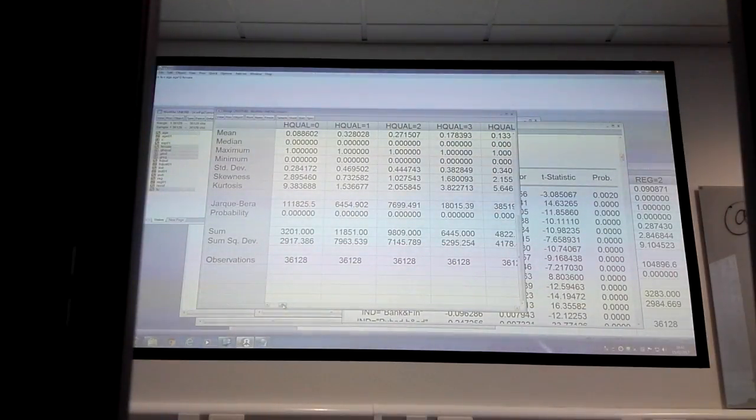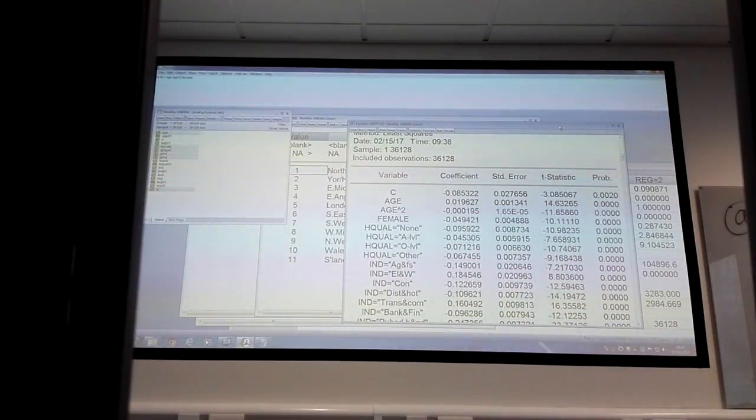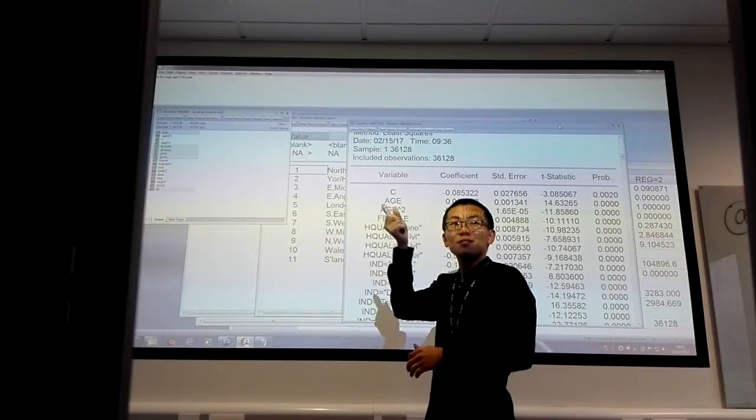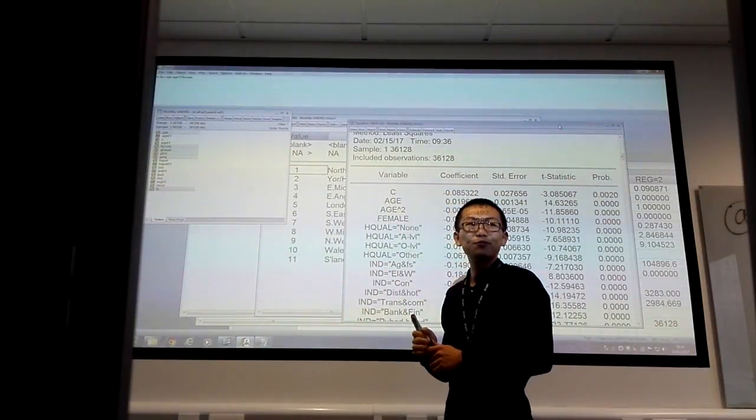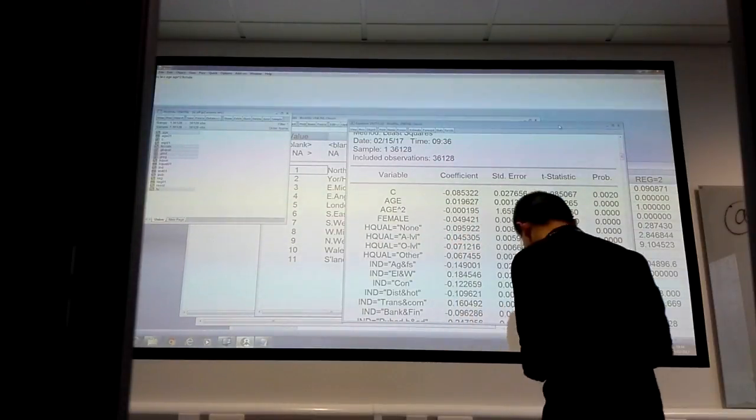The average age is about 40. So our representative individual in this sample is at the age of 40. Compared with himself, if this person at the age of 40 progresses to 41, what would be the marginal effect of that?